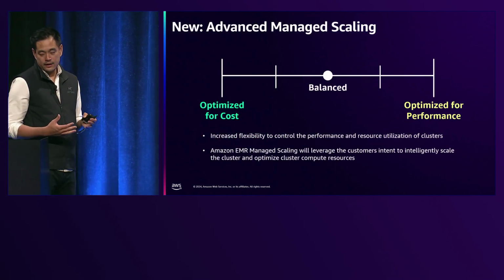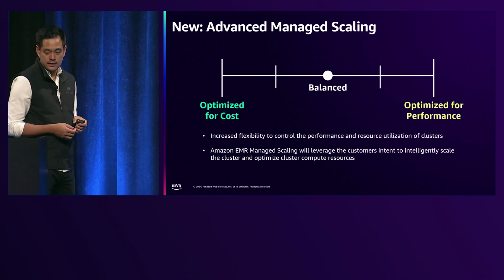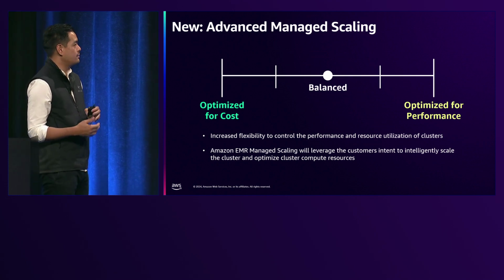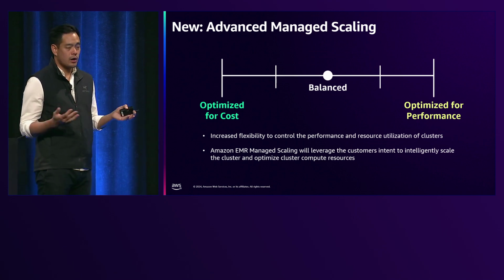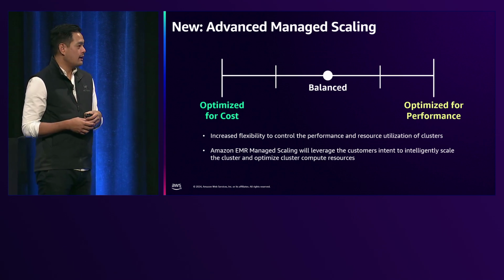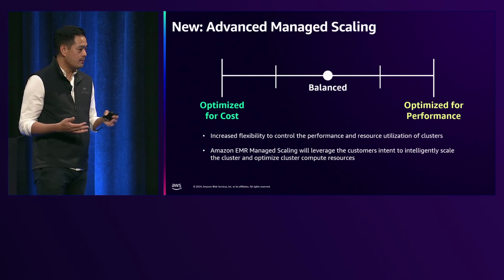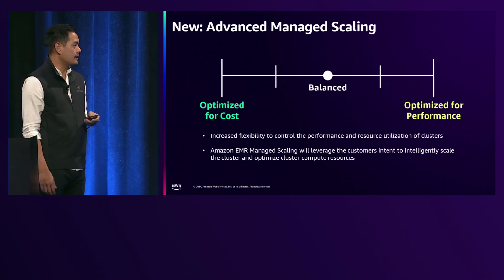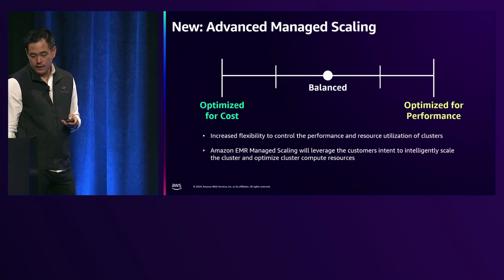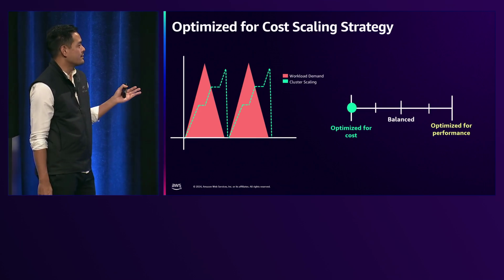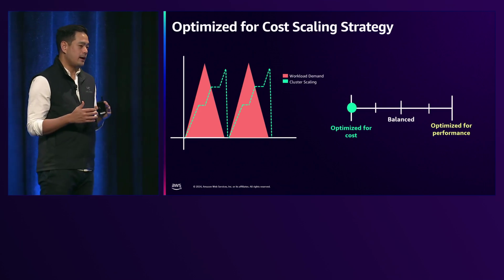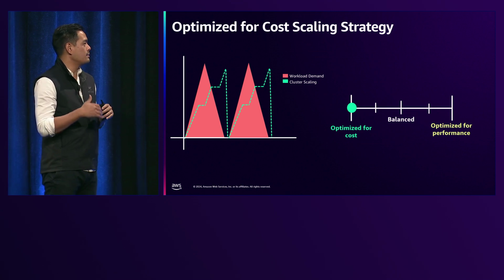With advanced scaling, you now have increased flexibility to define your intention, whether it be optimized for cost or optimized for performance, and Amazon EMR will automatically adjust the algorithm based off the specific intent that you've specified. So for example, if I wanted something that's optimized for cost, you may see something like this, where the scale-up behavior is a bit more conservative.